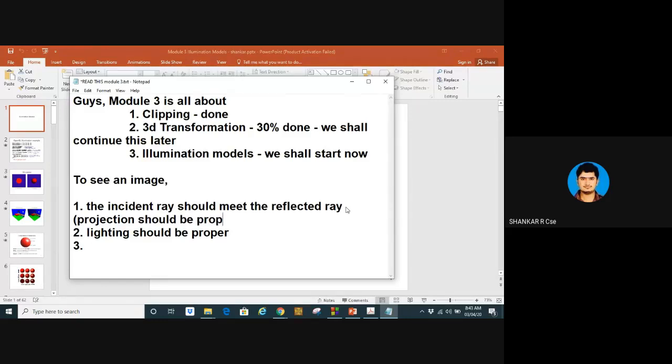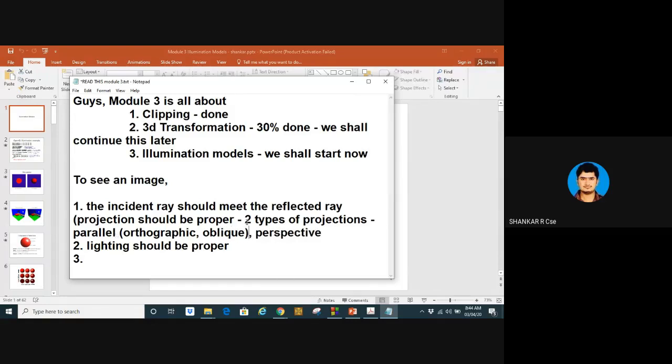Projection should be proper. In the sense, there are two types of projections. One is called parallel projection, and the second one is called perspective projection. In parallel we have orthographic, oblique, and so on.